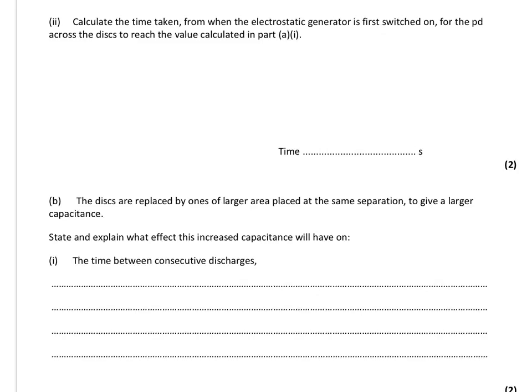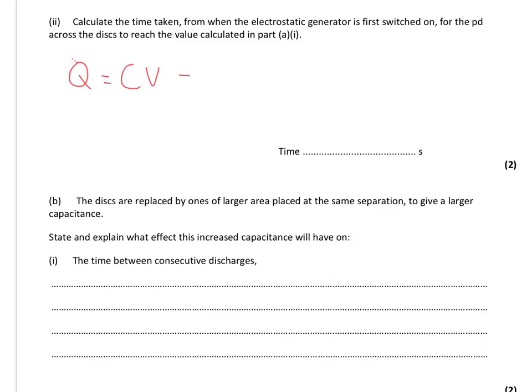So then it's asking you to calculate the time taken from when it's switched on for the potential difference across the disk to reach the value. So, first thing first, we need to calculate the amount of charge that it's going to take to get that potential.